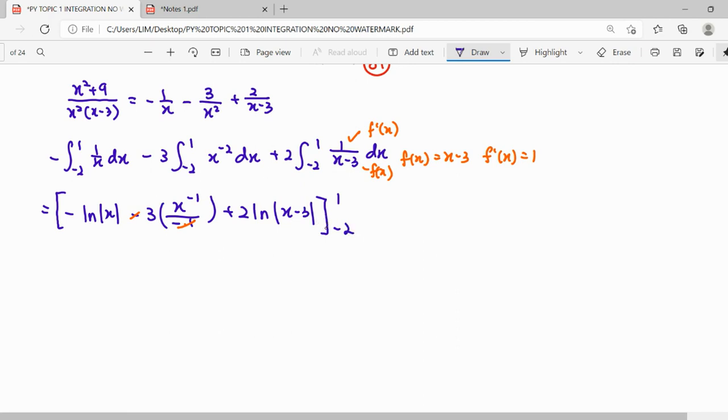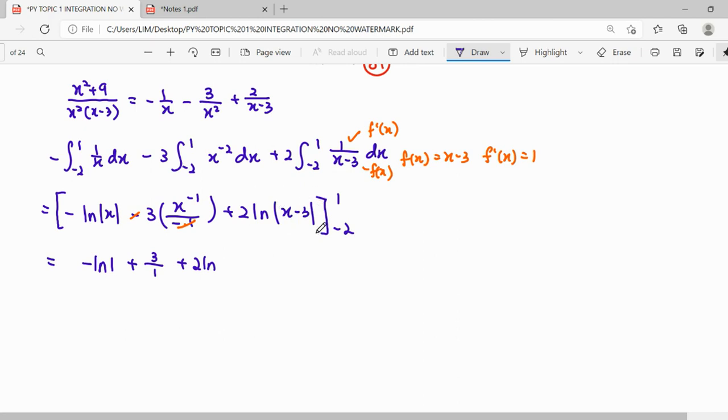Then we figure it out. We can press the calculator and figure it out. So for this one, ln 1. Then this one will be positive 3 over 1. Then this will be 2 ln, where you can see 1 minus 3 is negative. So that is important.